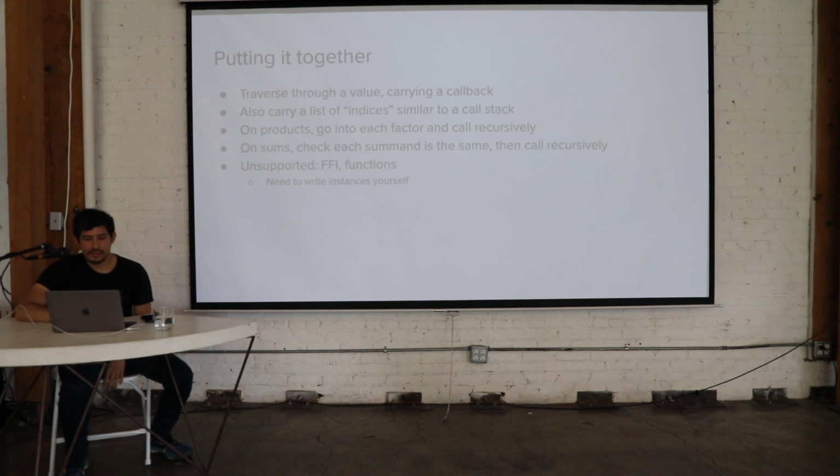And yeah, so basically it lets you get rid of all this manual diffing. All you have to do is basically define your data type, derive generic, and then give another instance for this generic Diffie class, and then you can use that in your tests.